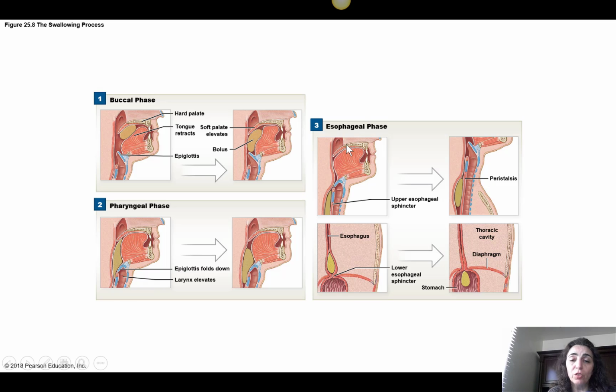Then in the esophageal phase, the bolus passes through the upper esophageal sphincter here, and continues its way down until it passes through the lower esophageal sphincter and gets into the stomach.